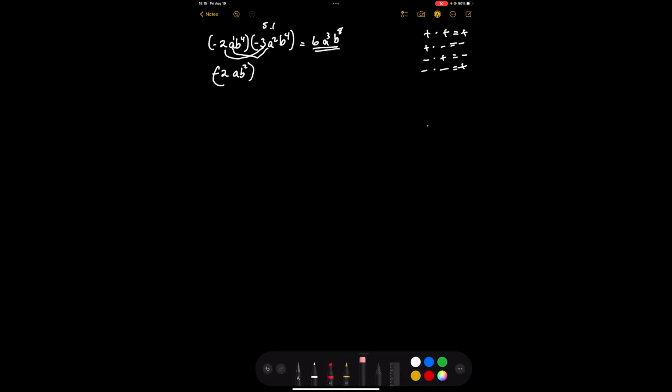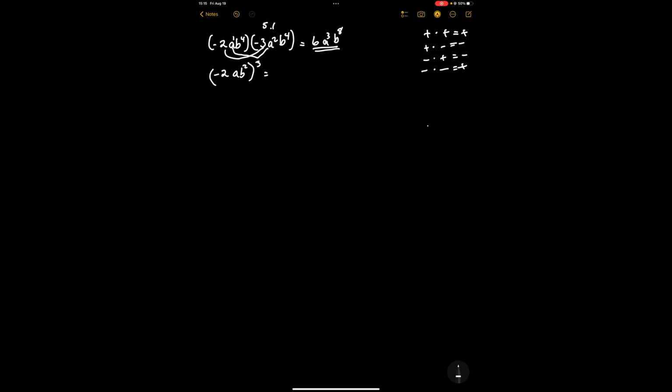Let's look at a different one. Let's say we have negative 2ab squared, all of that to the power of 3.